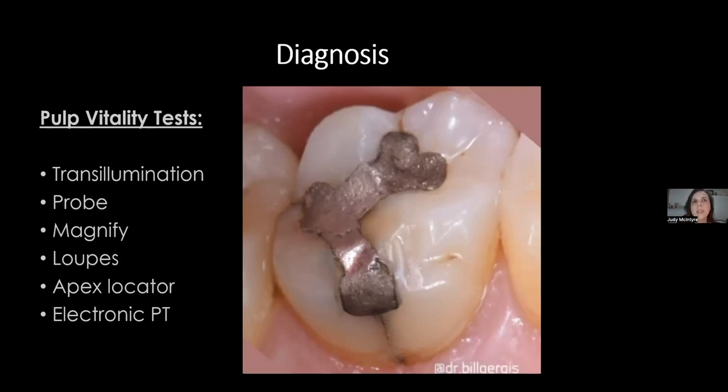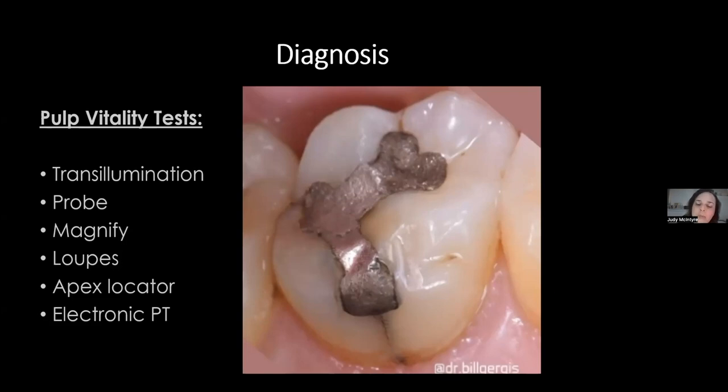Transillumination is not a new test, but it's a test that I'm relying on more and more because, just like this picture shows, a lot of our patients' teeth have these amalgams, right? And have these craze lines, extending distally, buccally, palatally. Sometimes we can get an explorer to catch on a marginal ridge, and sometimes the explorer won't catch at all, for example, like perhaps on this palatal craze line.